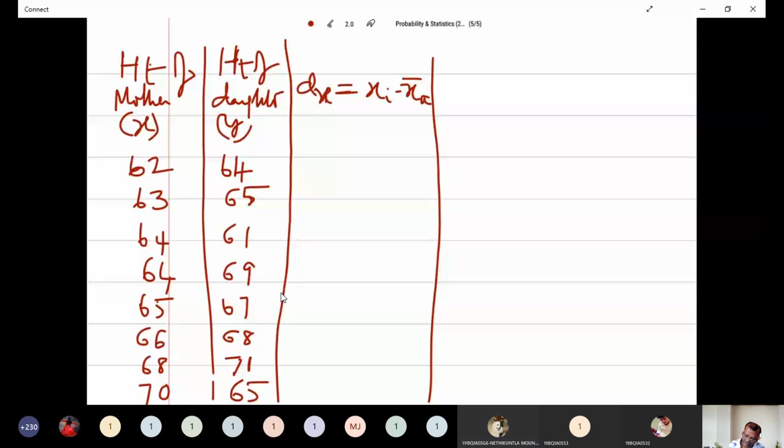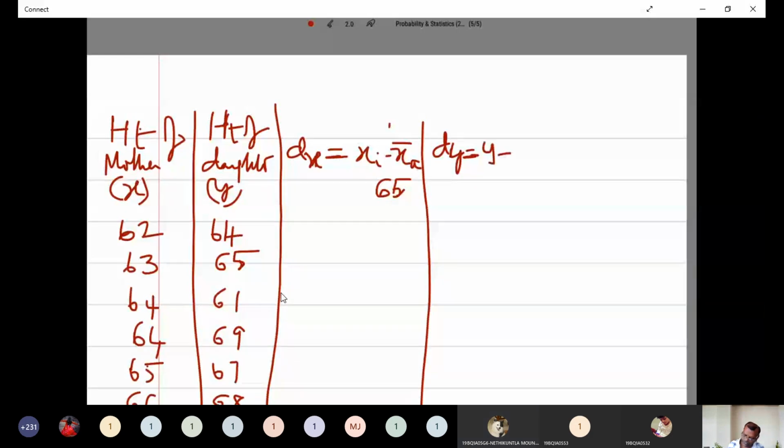Next, dy is equal to y minus y bar a. That is, y bar a is equal to either 66 or 67.